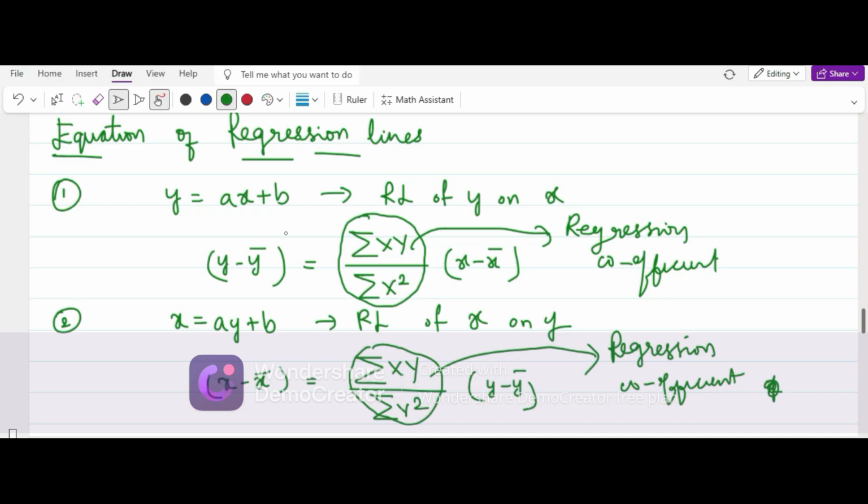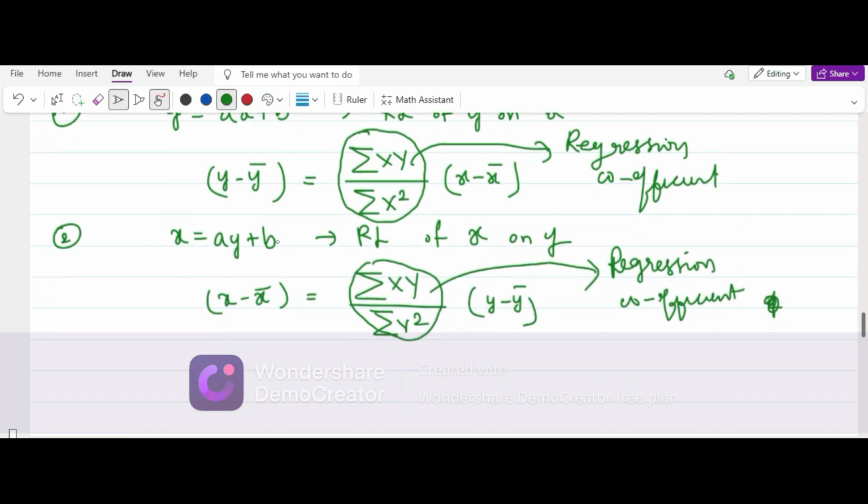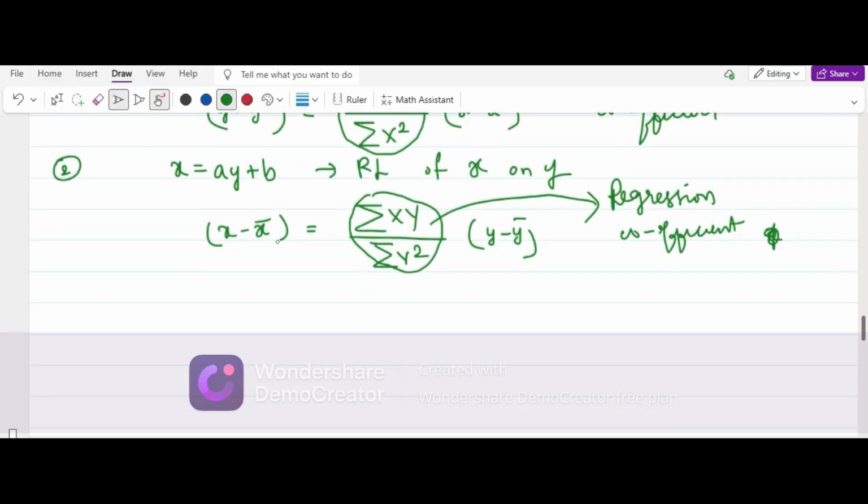So we have two regression lines here, one is y on x and the other is x on y. In both cases this is the coefficient, the regression coefficients. Now we have two regression lines and two regression coefficients.